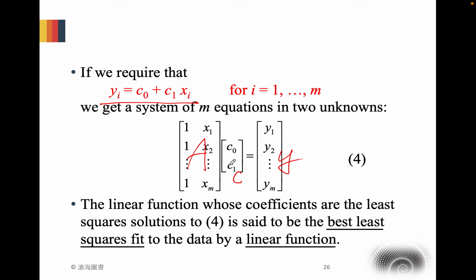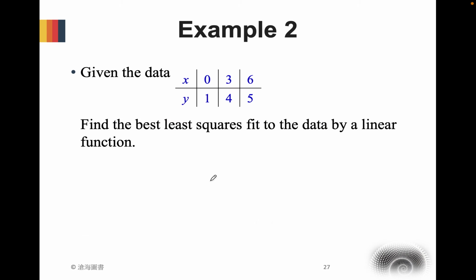And we want to find the best c to satisfy this equation. And obviously, because this is an overdetermined system, we are not able to find a solution. This linear system usually has no solution. So the only thing we can do is to find the least squares solution. How can we do that?